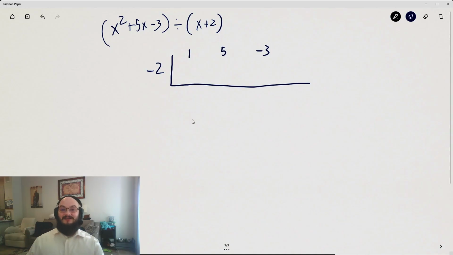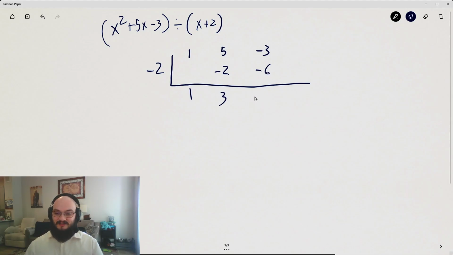And here's the process. You take your first number and drop it down. Multiply these two together to get -2, and then we add this column to create our new number down here, which will be 3. Multiply 3 times -2 gives us -6.